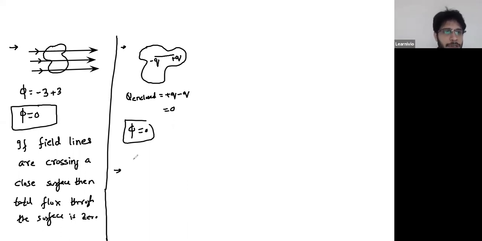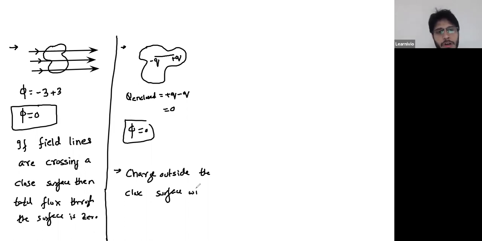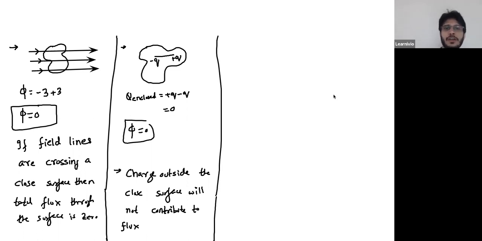The next property is charge outside the closed surface will not contribute to flux. So if you have a charge which is outside the closed surface, then that charge will not contribute to flux.